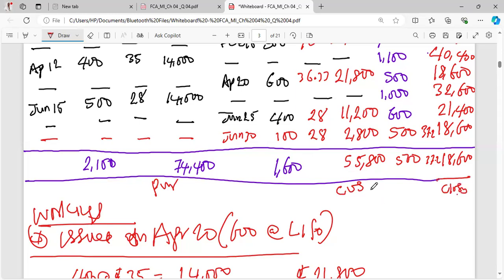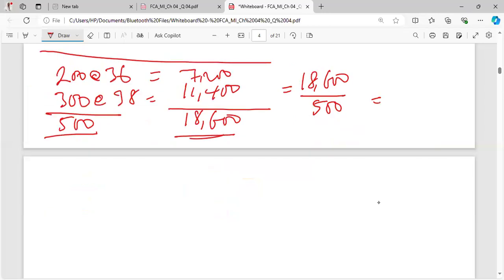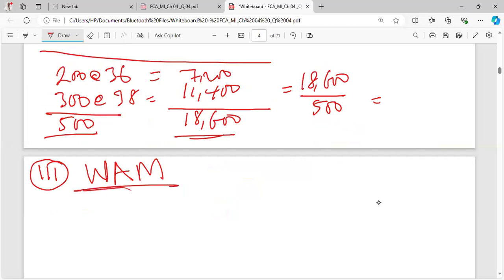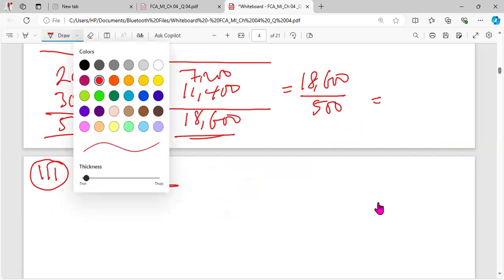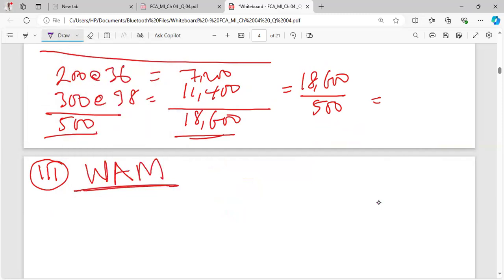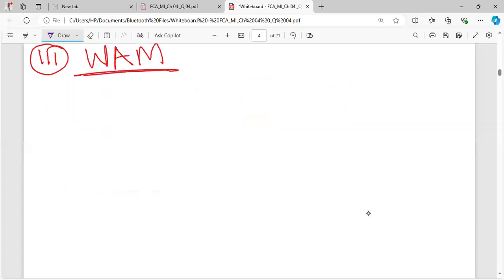We now want to do the weighted average method, which is number 3. All right, so once again, our template is still the same.